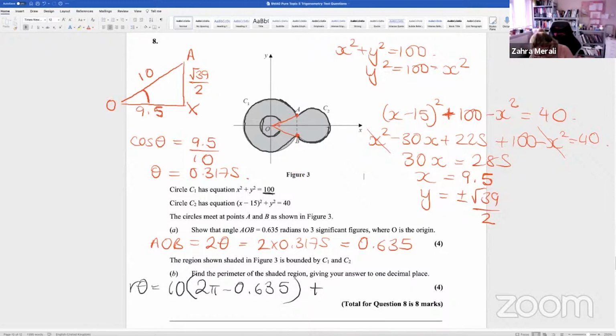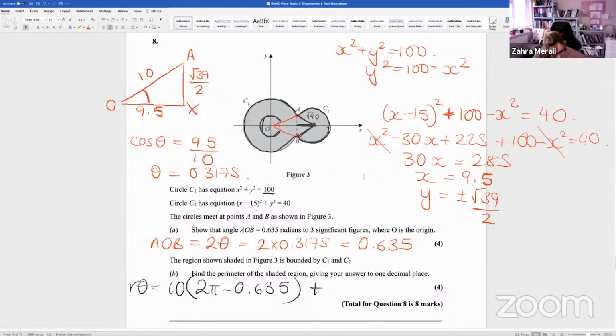The center of the circle, so we know that's 9.5, is somewhere here, and we want to find this angle here. We know that this is root 40, and we know that this bit here must be 15, which is your x coordinate, minus 9.5, because that's the bit that we worked out before.